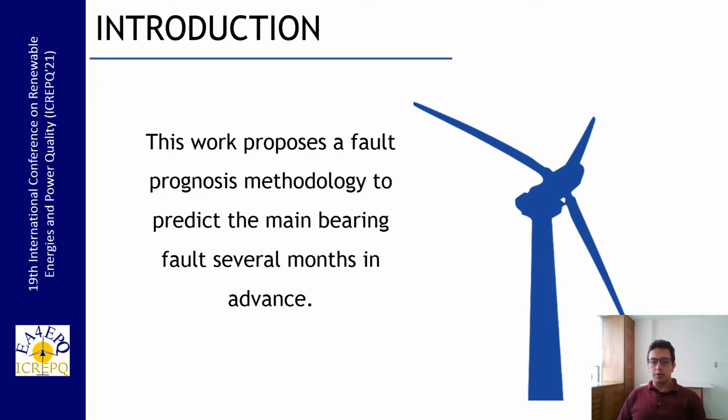That is the reason that this work proposes a fault prognosis methodology to predict the main bearing fault several months in advance. Imagine that knowing about a failure months in the future is cheaper than making a corrective maintenance.